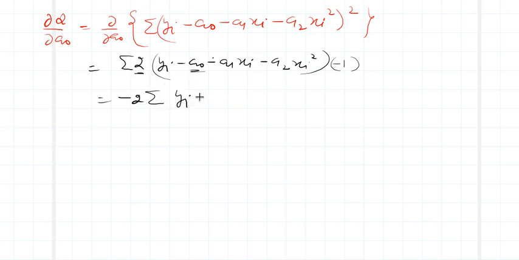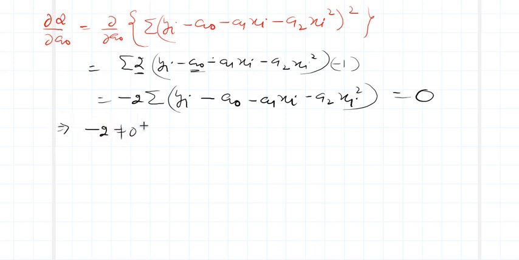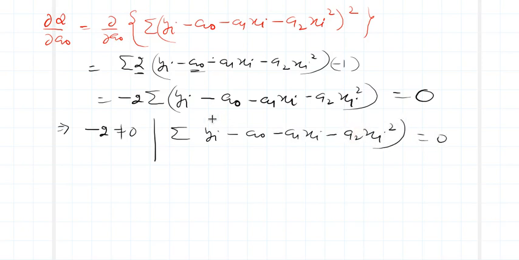So now it is yi minus a naught minus a1xi minus a2xi square, and we have equated this to 0 for q to be minimum. That minus 2 cannot be 0, so this summation must be equal to 0. So summation yi minus a naught minus a1xi minus a2xi square must be equal to 0.